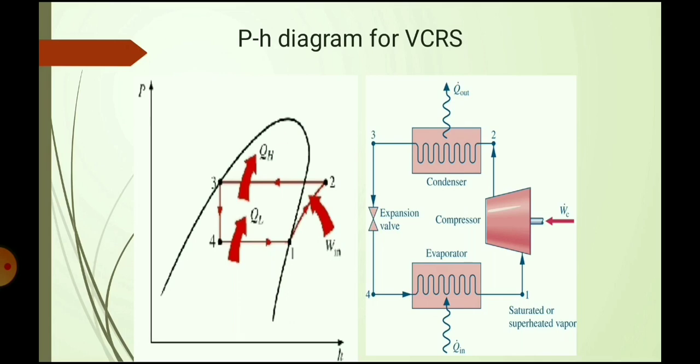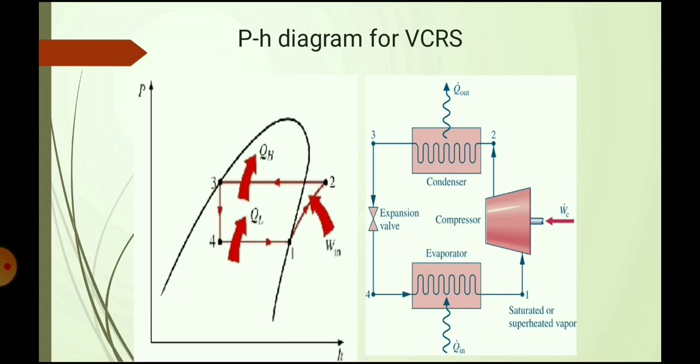For the ideal VCRS, the evaporator and condenser both should be ideal. That means at the outlet of the evaporator the state of the refrigerant is saturated vapor.